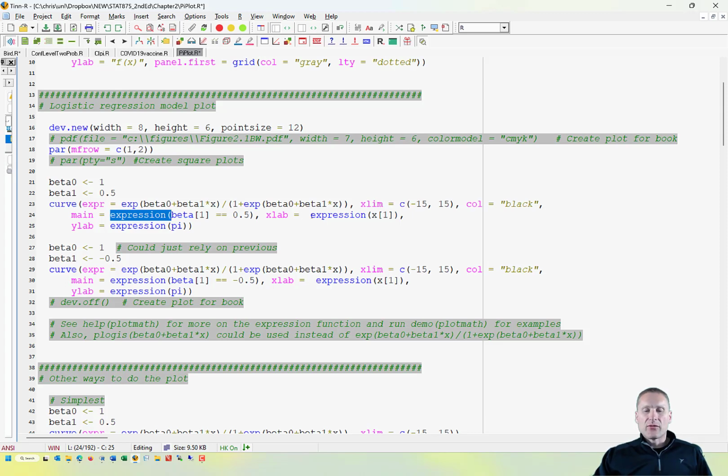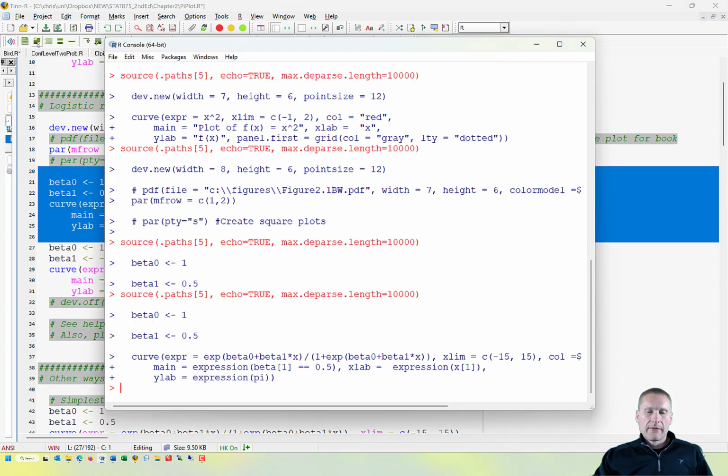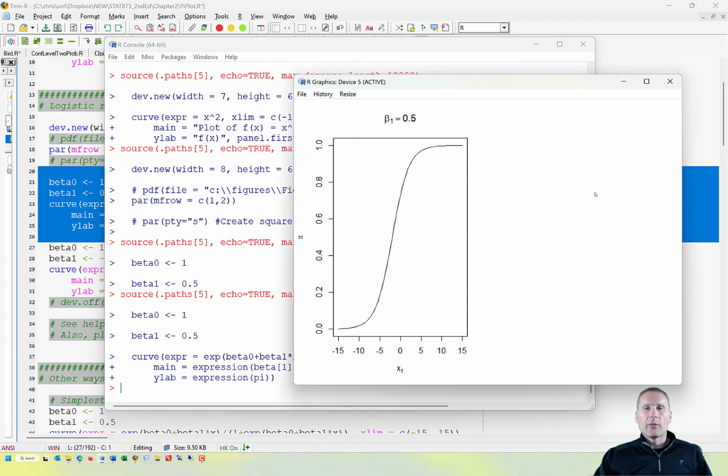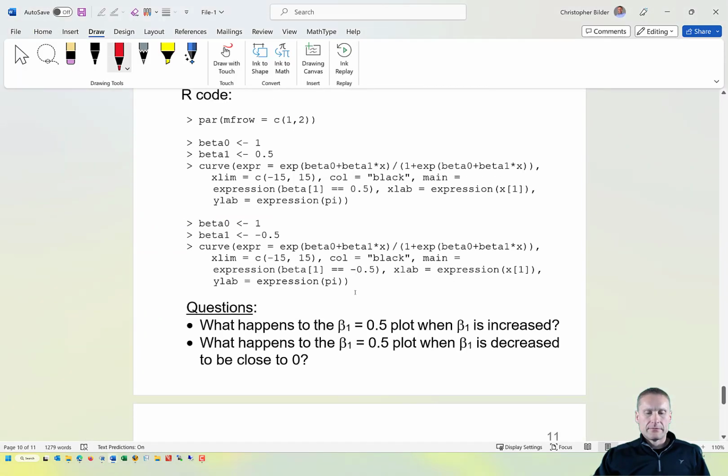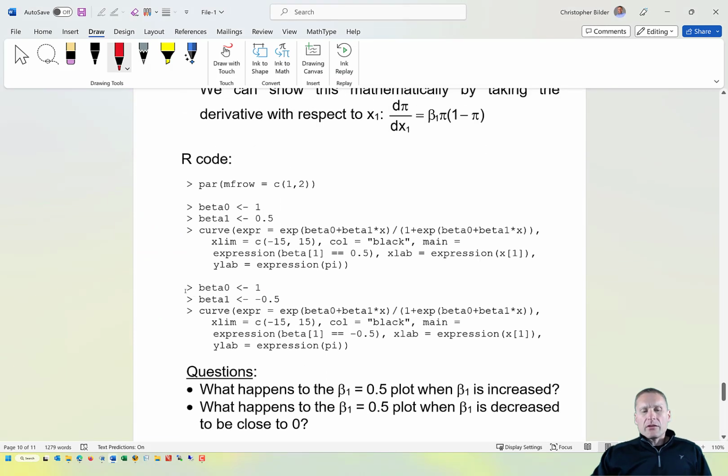Do something similar for x sub 1. Do something similar for pi itself. So if I go ahead and do this, and let me get my plot, and there we go. That was the very first plot that we saw. So you can do exactly the same thing now for beta 1 equal to -0.5.